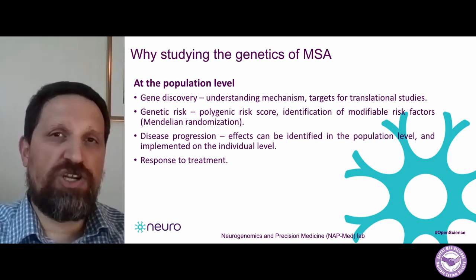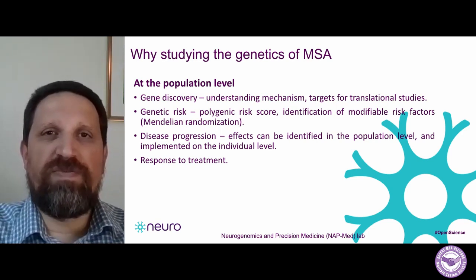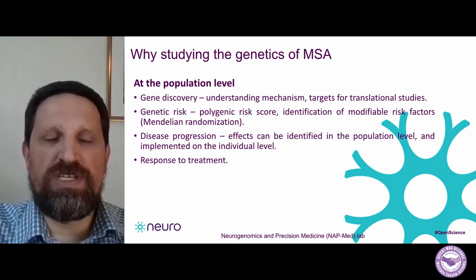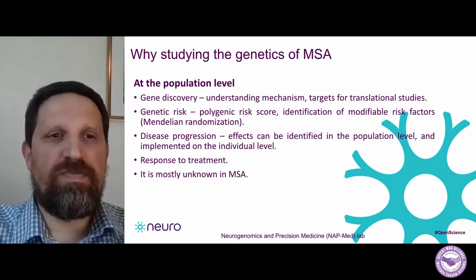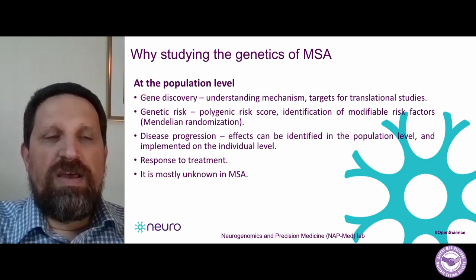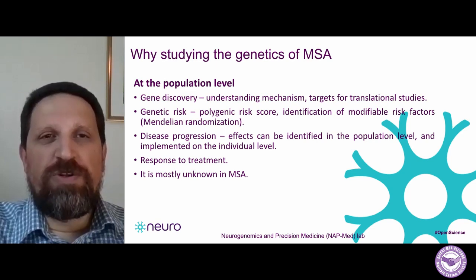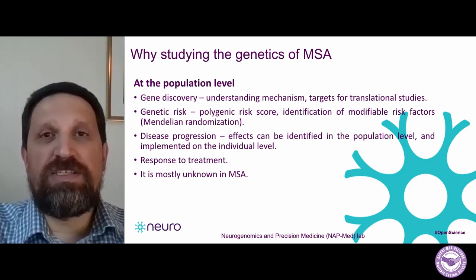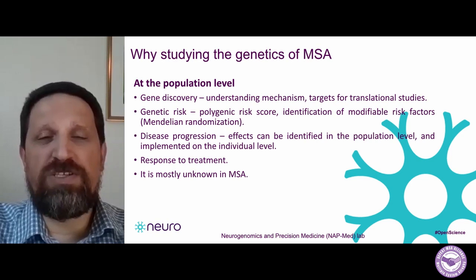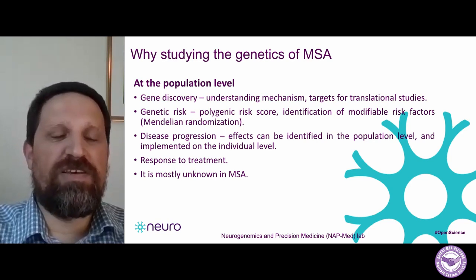And that will be especially important when we have better treatments for MSA and similar diseases. And maybe the most important reason why we want to study the genetics of MSA is that it is mostly unknown, as you will see in the second part of this talk.